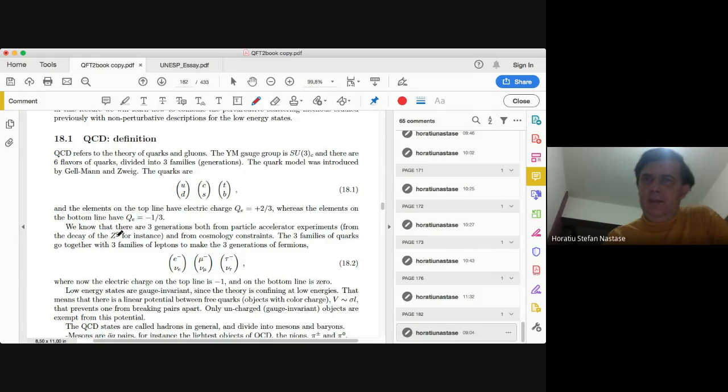I think we'll talk about it when we talk about electroweak symmetry breaking. From the cross section for the decay of this particle, we can infer that there are at most 3 generations, and also from some constraints from cosmology, we know that there are 3 generations. So these are all the quarks there are.